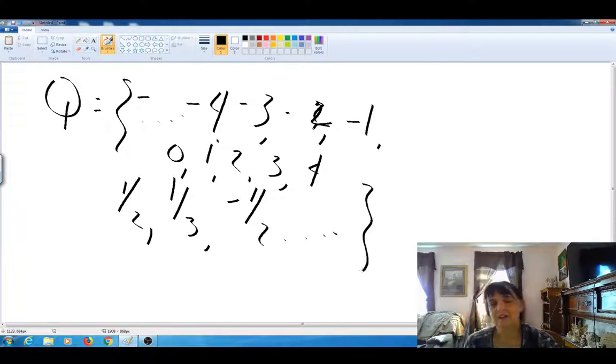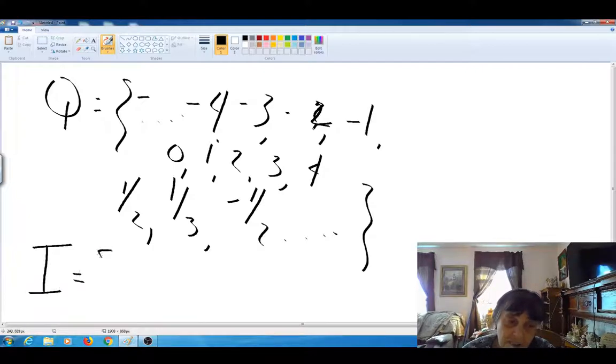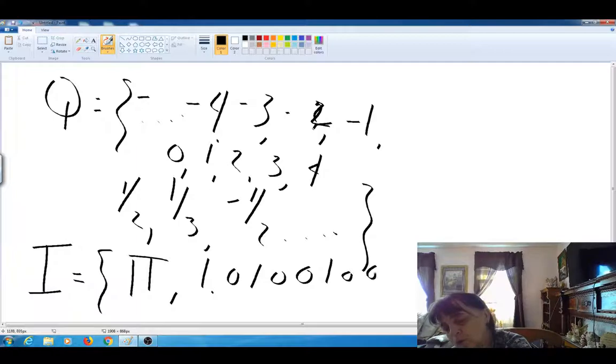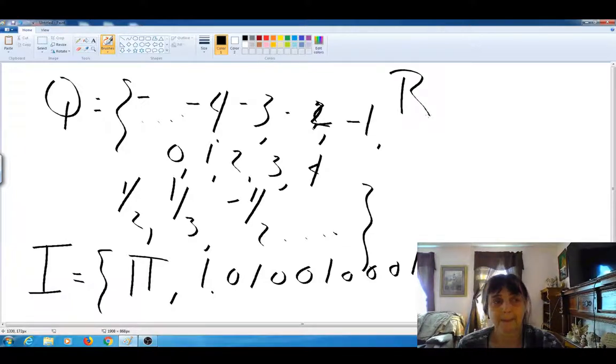It's an endless set. And then you have irrational numbers, which is I, another group of numbers off to themselves, like pi, 1.0100010001 dot dot dot. They're non-repeating, non-terminating decimals. And the last group is the real numbers, which is all the numbers.